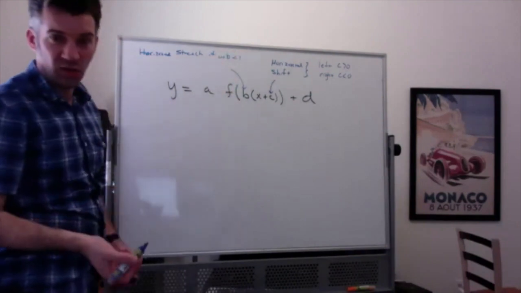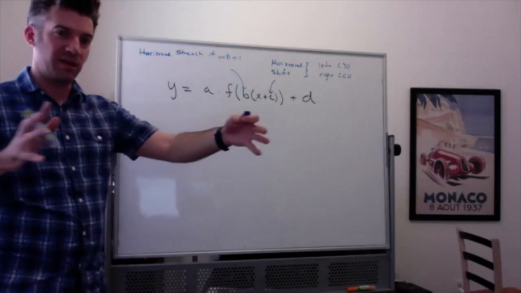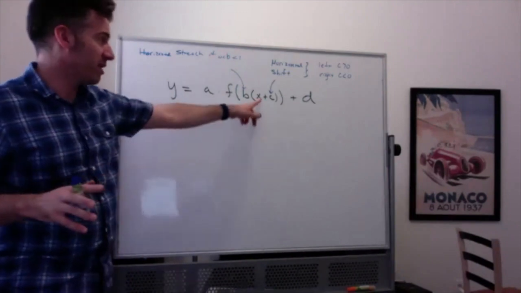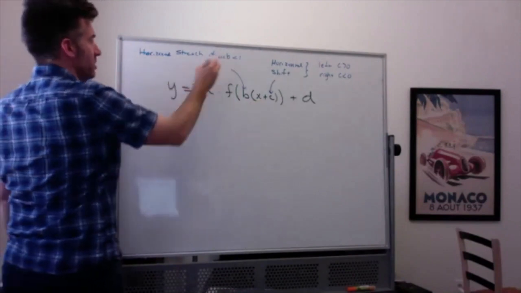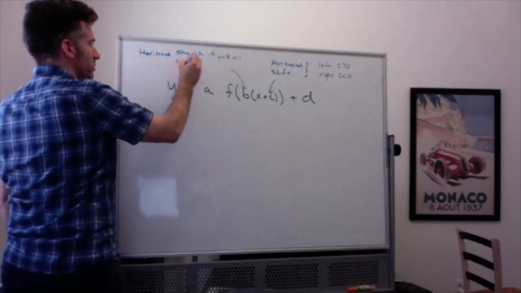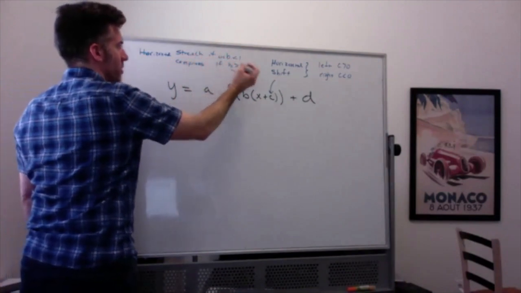And it's easy to get the horizontal ones backwards. The horizontal ones are kind of counterintuitive. We think making stretches something else making it bigger, and we're having to make this bigger to compensate for this being smaller. So if that's between 0 and 1, it's a stretch; it's a compression if that number is larger than 1.